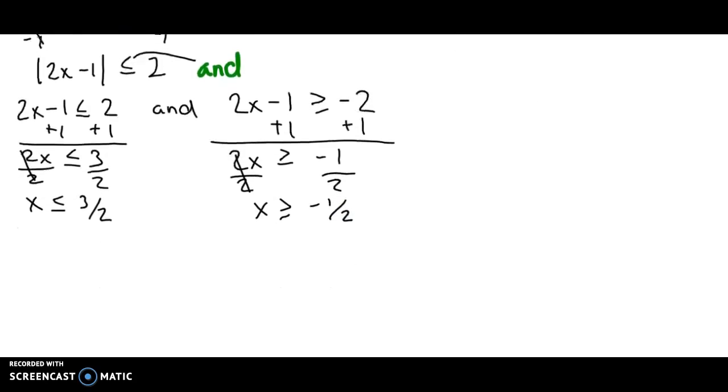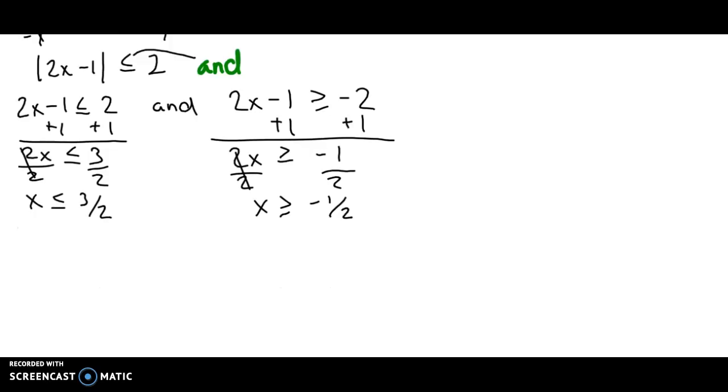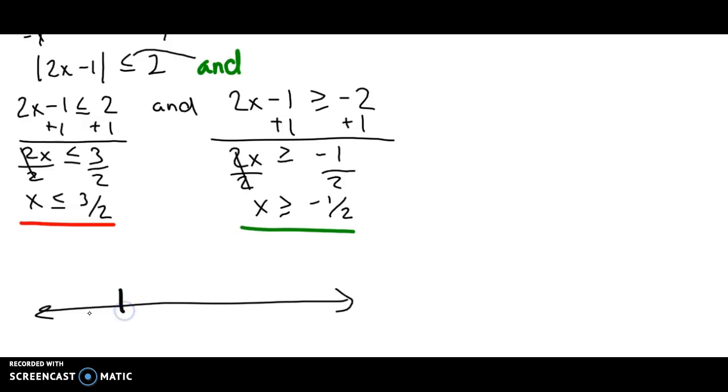So when graphing this and writing it in interval notation, I'm going to graph this one in red and this one in green so we can see. If I graph these, I have negative 1/2 and then 3/2. At 3/2, I'm going to include it, and it has to be everything less than 3/2, so I'm going to draw that line there. Then I look at the negative 1/2.